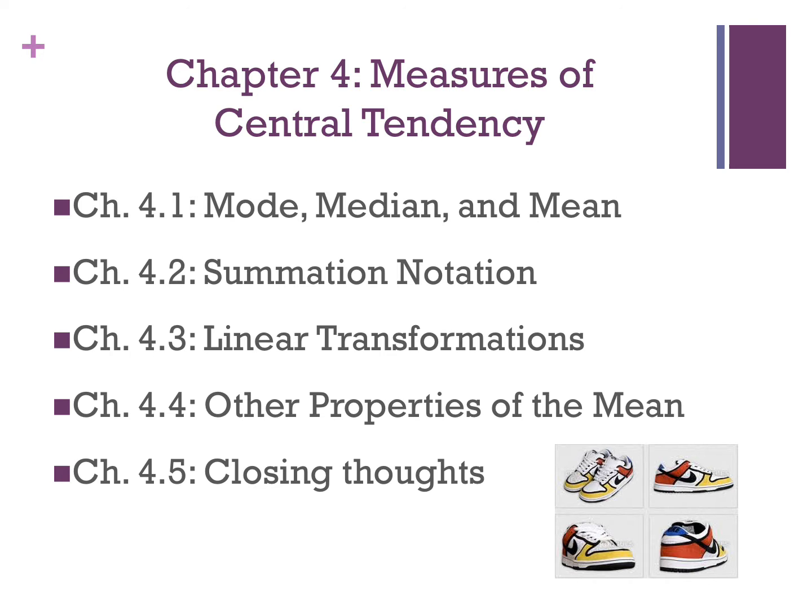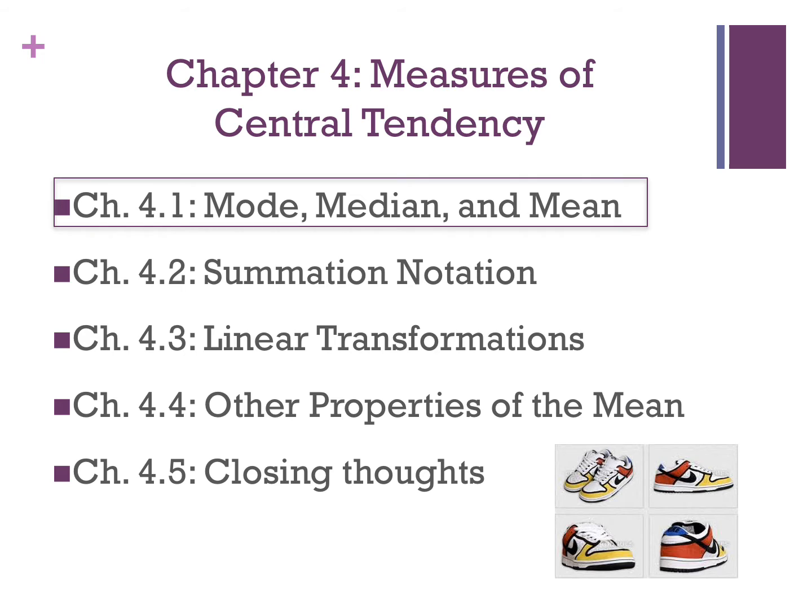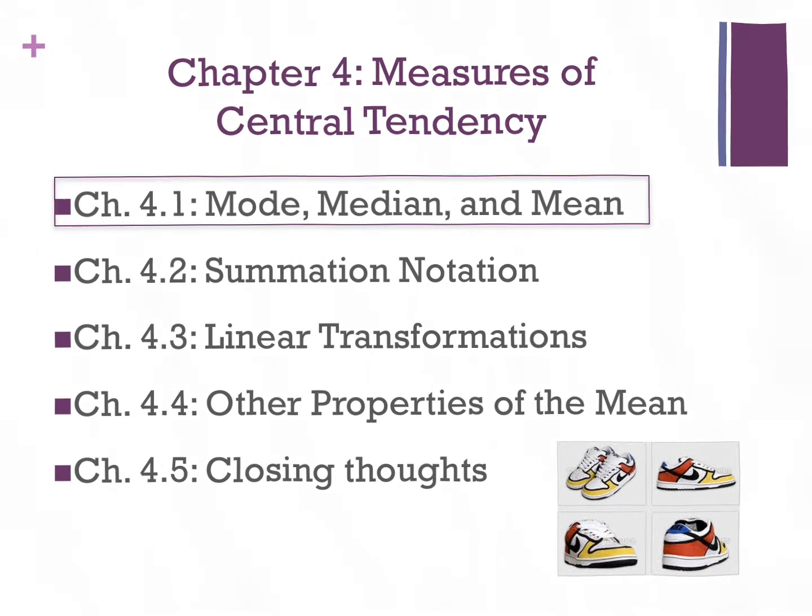The topics for Chapter 4 are, first, Chapter 4.1, Mode, Median, and Mean, which we'll cover today. The next chapter will be summation notation, and then linear transformations. Then we'll talk about other properties of the mean, and some closing thoughts.